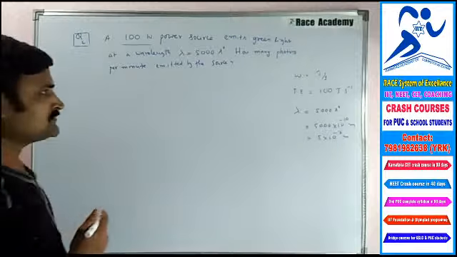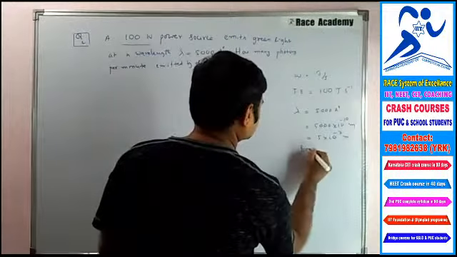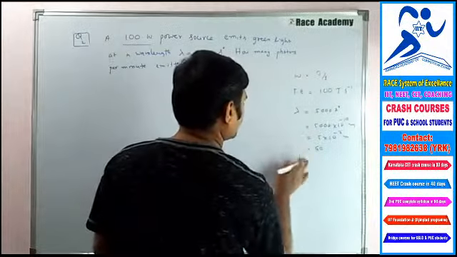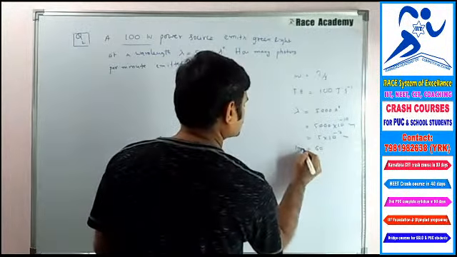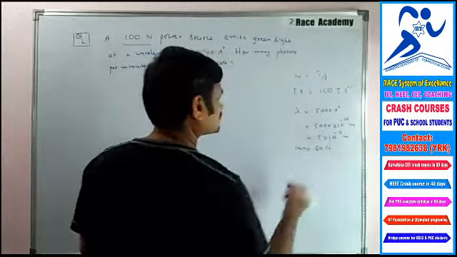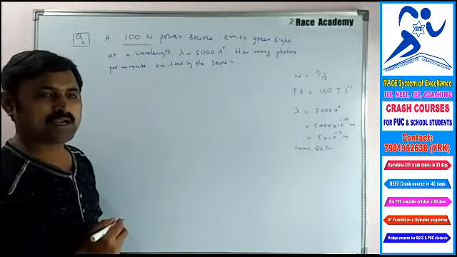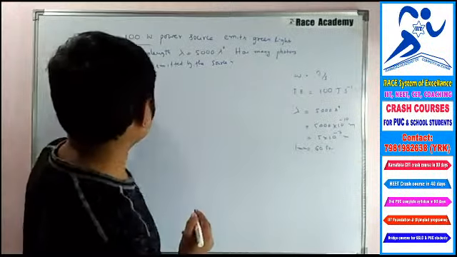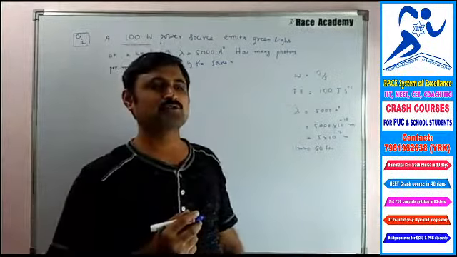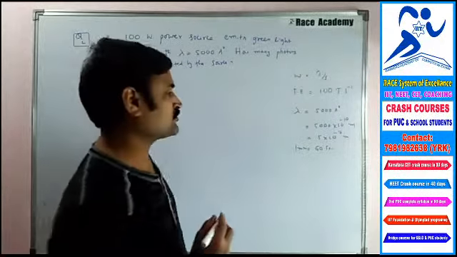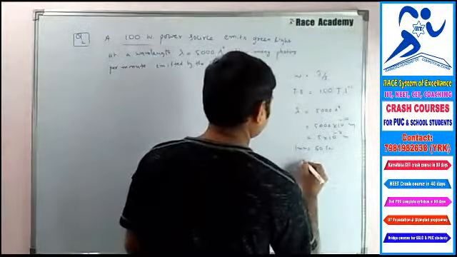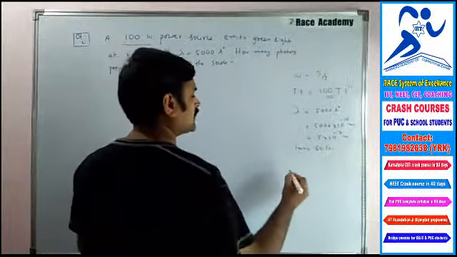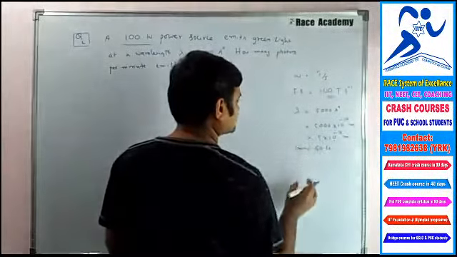Not only that, the time in seconds is 60. 1 minute is equal to how many seconds? 60 seconds. When you want to convert this power, energy is equal to power into time, so this can be multiplied with this 60 seconds.